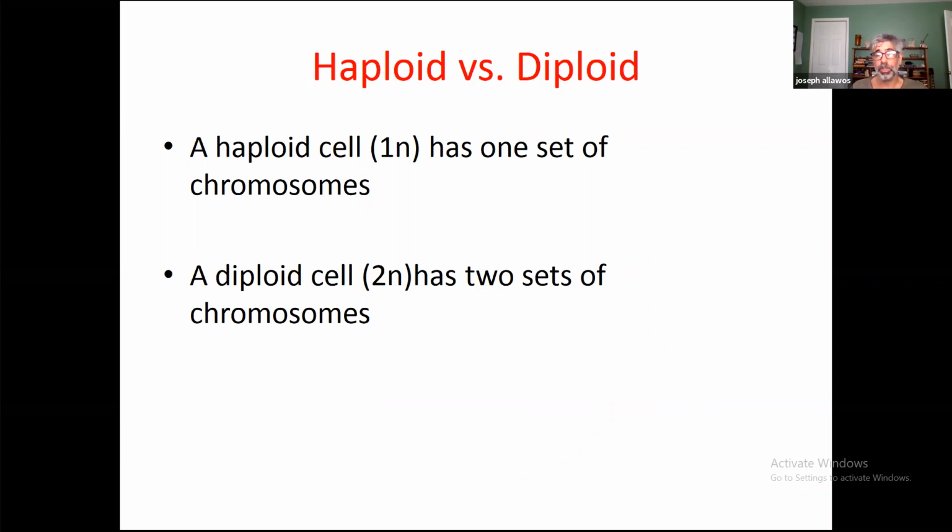It is really important for you to understand the difference between haploid and diploid, and it's really very simple. It doesn't have to be confusing. We use the word haploid. We also abbreviate it as 1N.